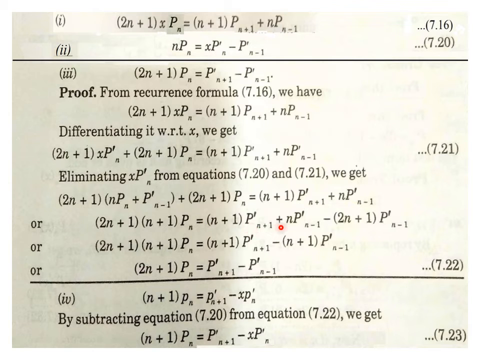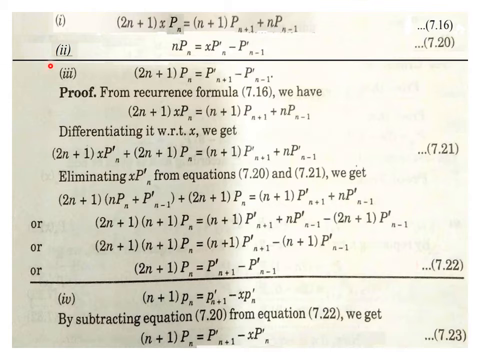Continuing to simplify by taking commons for similar subscripts, like Pn plus 1 at one place and Pn minus 1 dash at two places, we reach the required third recurrence relation: 2n plus 1 Pn equals Pn plus 1 dash minus Pn minus 1 dash, known as 7.22.